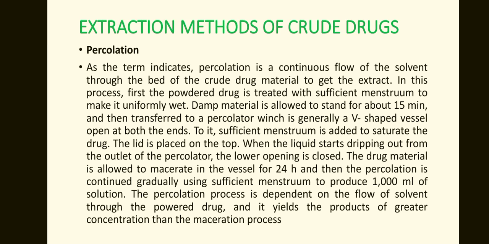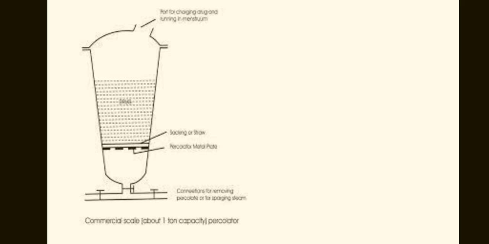To it, sufficient moisture is added to saturate the drug. The lid is placed on the top. When the liquid starts dripping out from the outlet of the percolator, the lower opening is closed. Here is the diagram that shows the method.